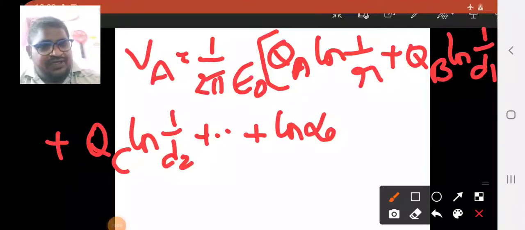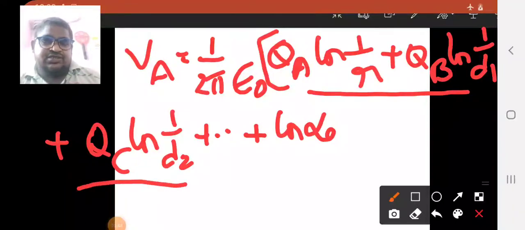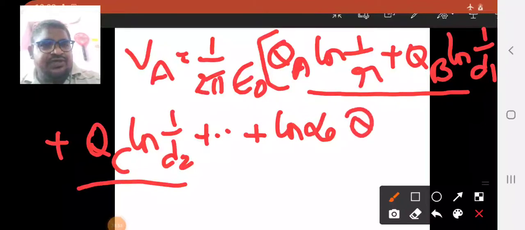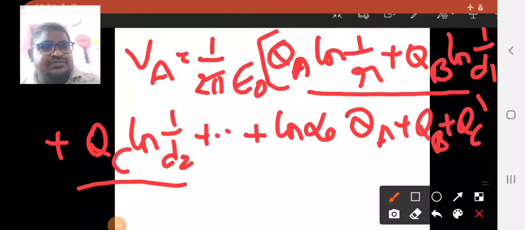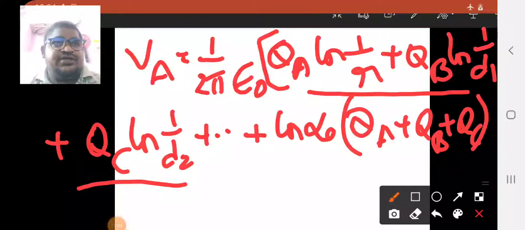I have written 1 by R because minus ln R is equal to ln 1 by R.